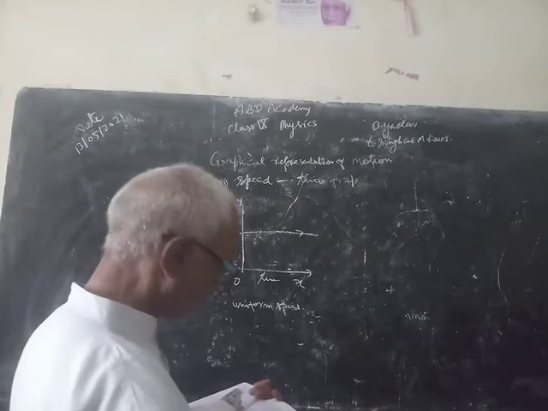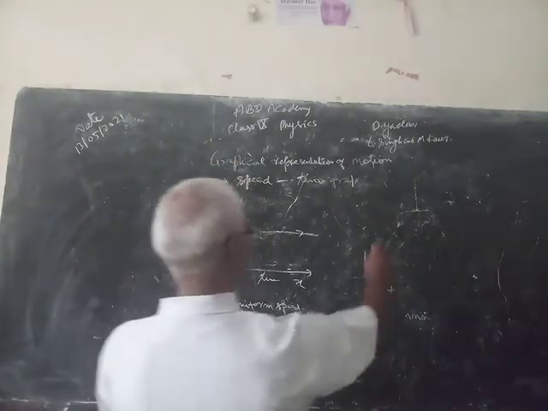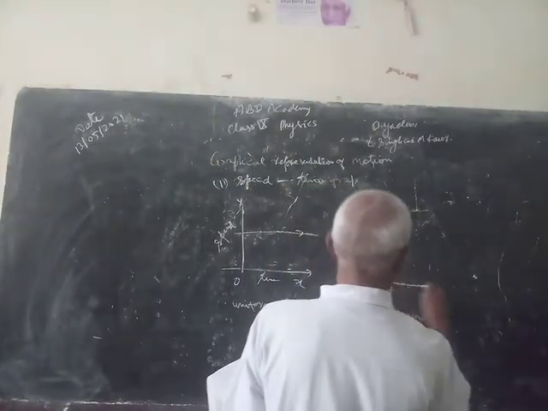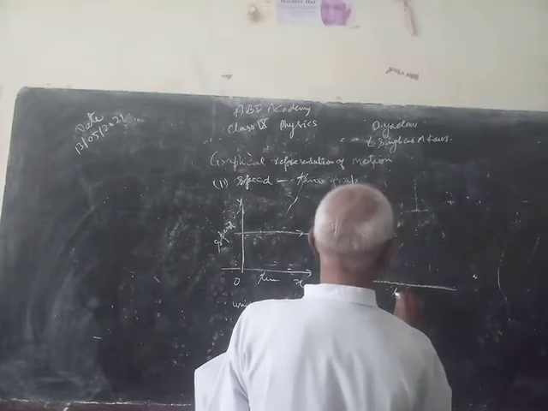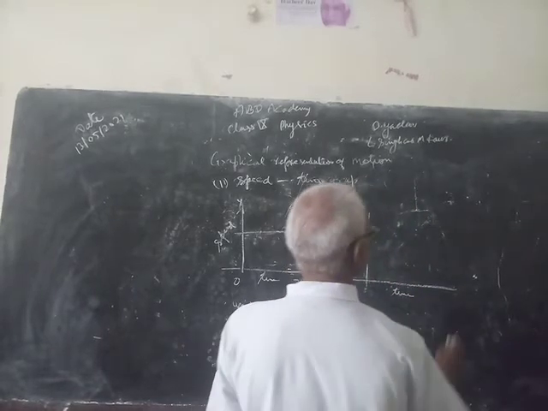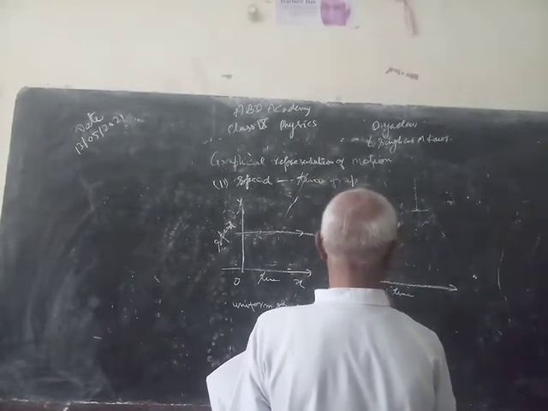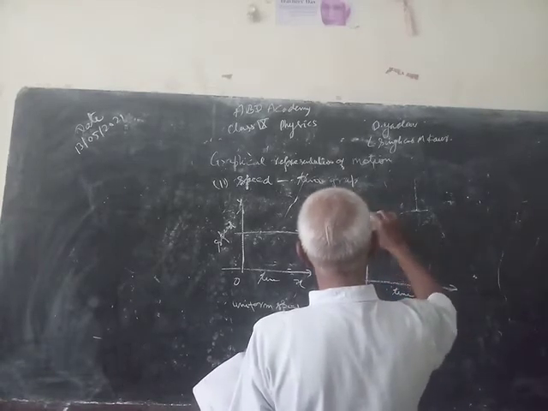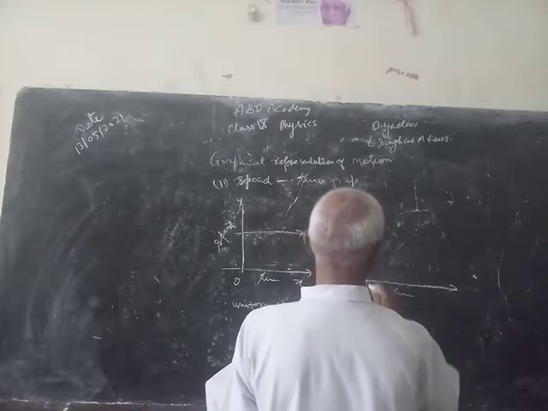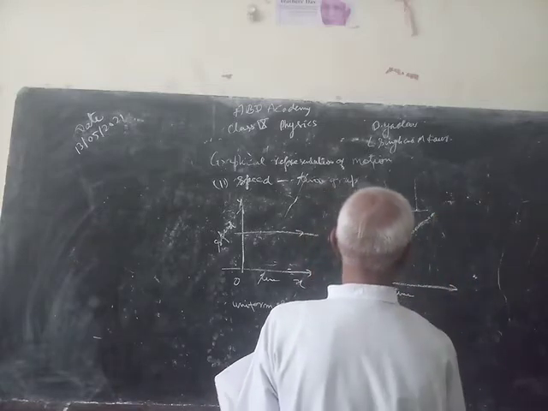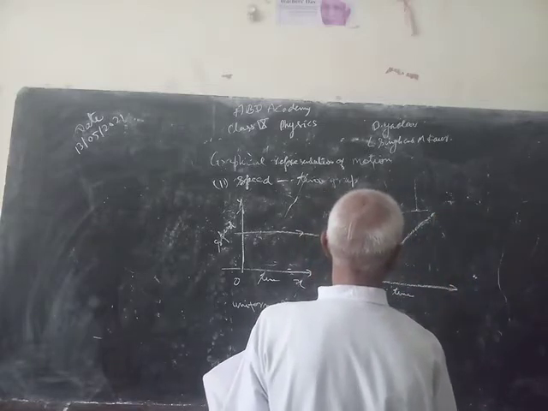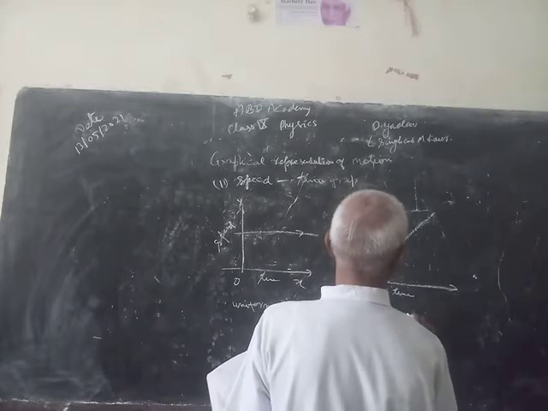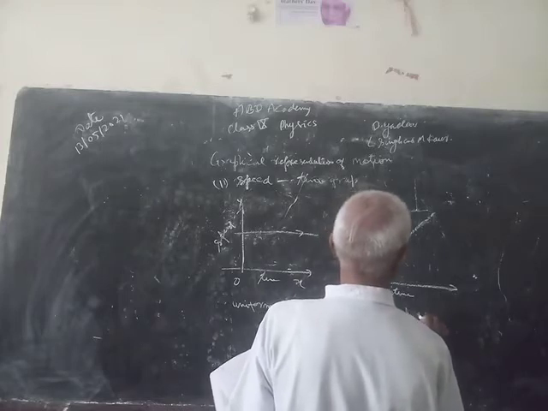Second case, if speed is changing uniformly, or if velocity is changing continuously and the graph is a straight line, then it is uniformly accelerated motion.